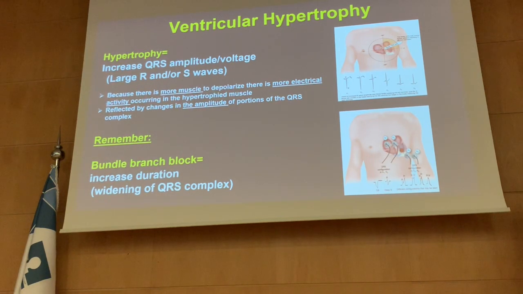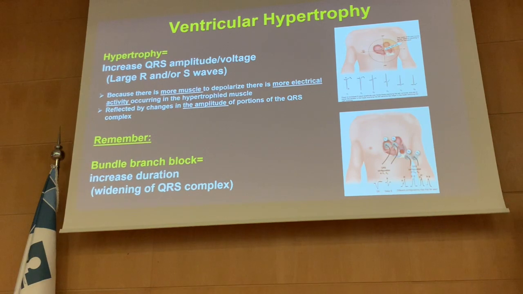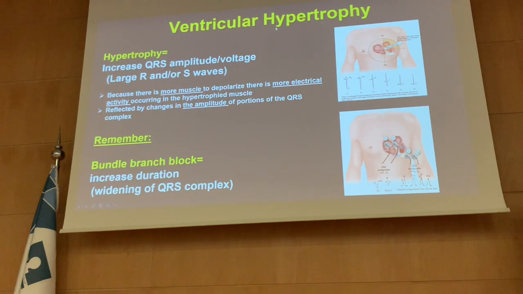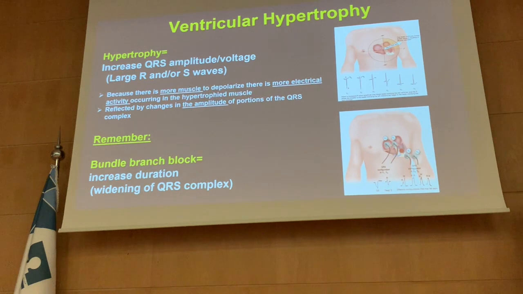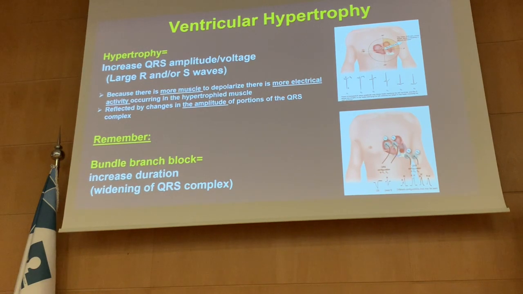When the patient has left ventricular hypertrophy or left bundle branch block, you really need to be careful when you read the ECG, because it can mask the presentation of ST segment elevation MI. Left ventricular hypertrophy can give you ST segment elevation, and can give you ST segment depression. So you have to be very careful.